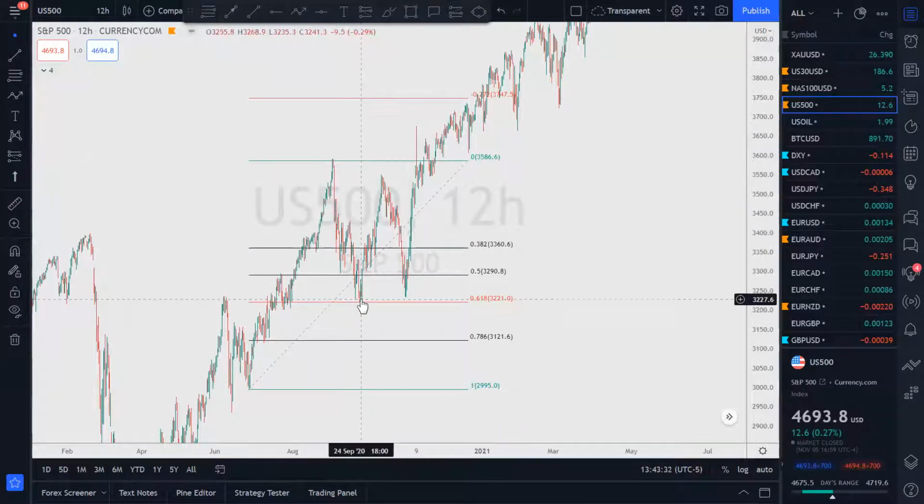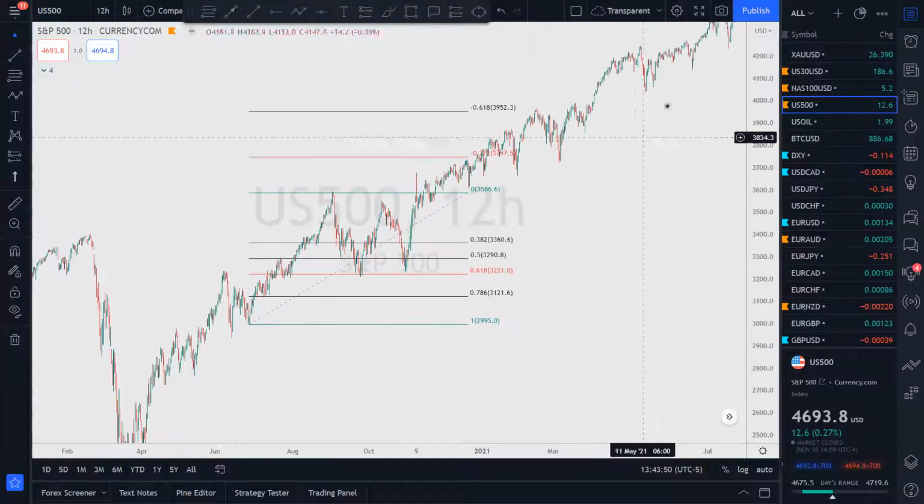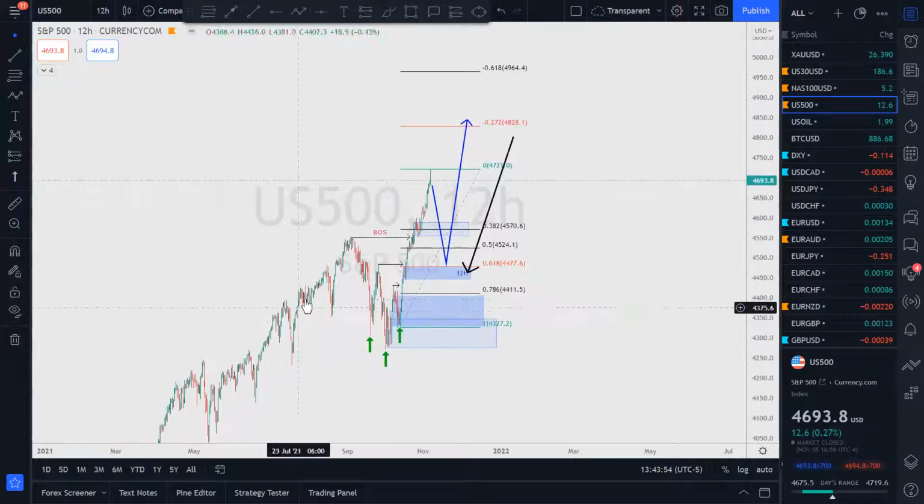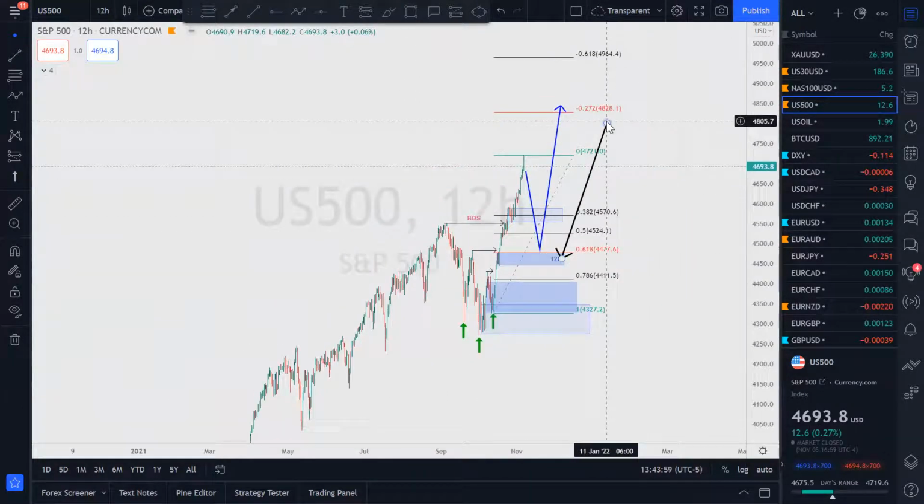The way you measure that correction is you put your Fibonacci on here and look for price to come past the 50% area. And that's what it did. It came to the 618, came back, retested, and took off. Price is always going to go up. It's all a matter of when, when it comes to the Dow Jones and the indices, always up. So I'm looking for the same action over here. Does that make sense? I hope it does.